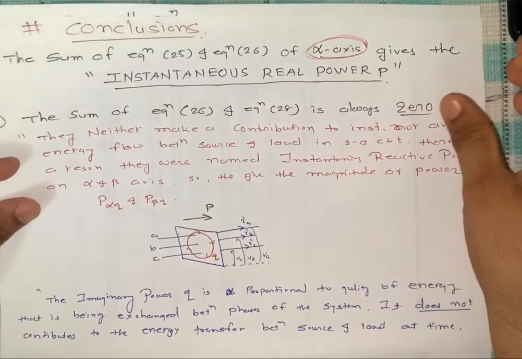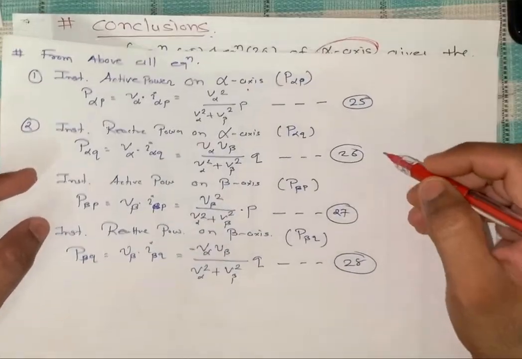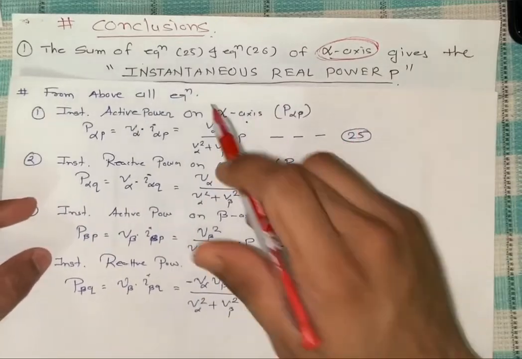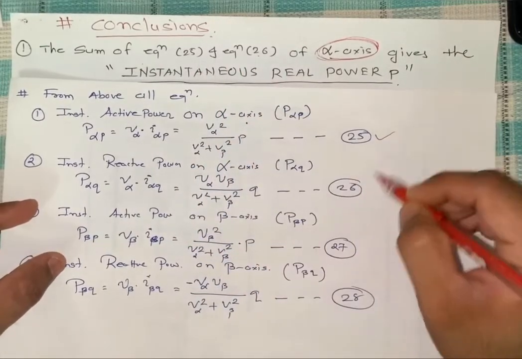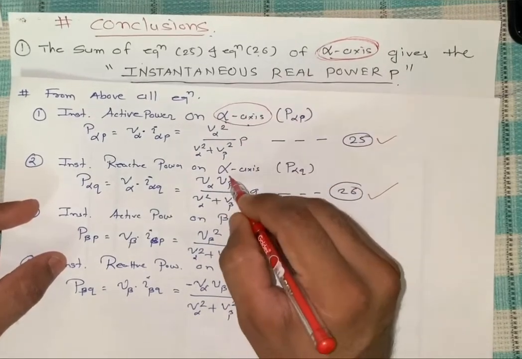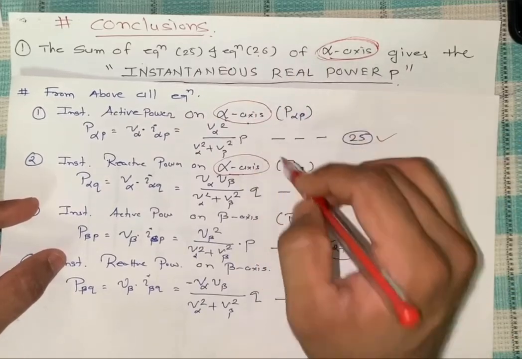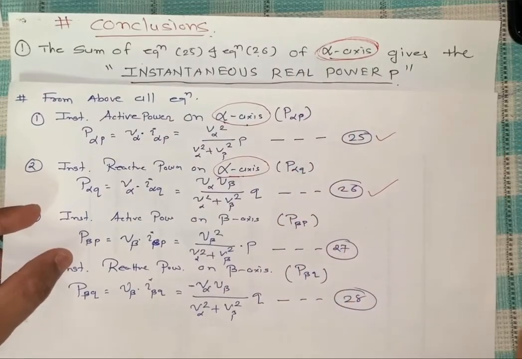So first of all, the first one is 25 and 26. Both 25 and 26 are regarding the alpha axis. Okay, so if we get the sum, then we get the actual active power which flows from that.